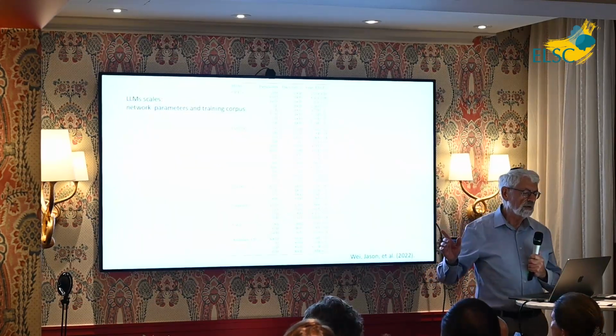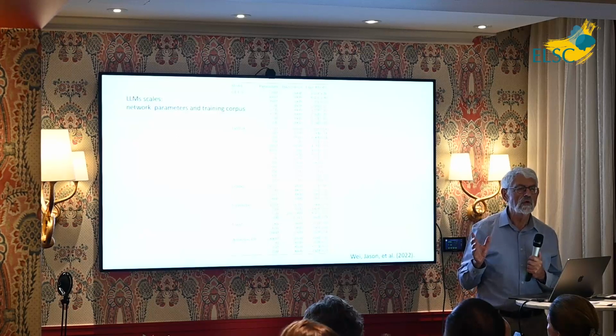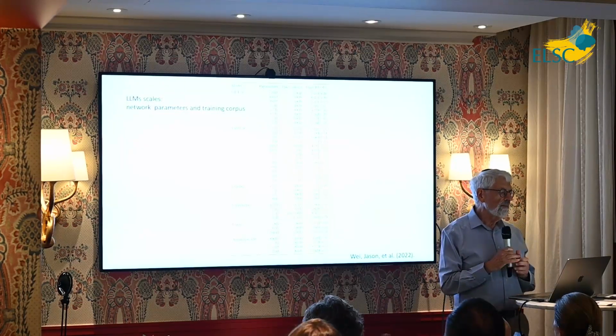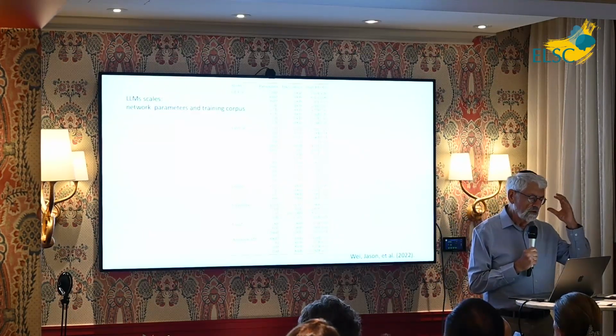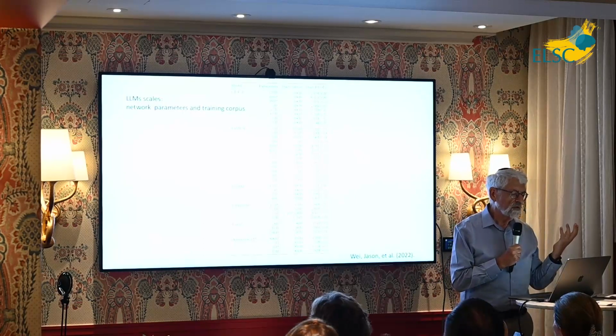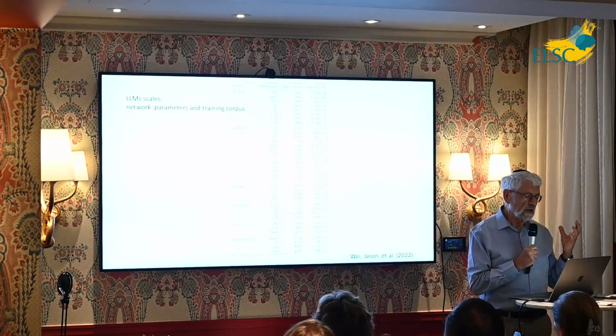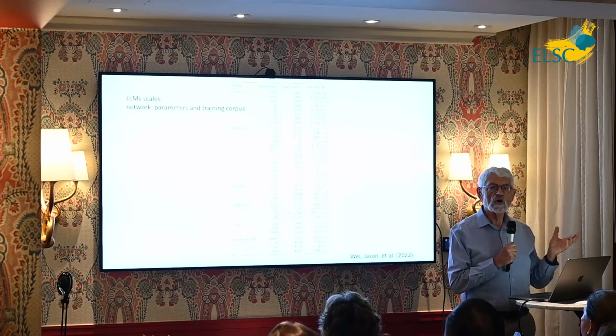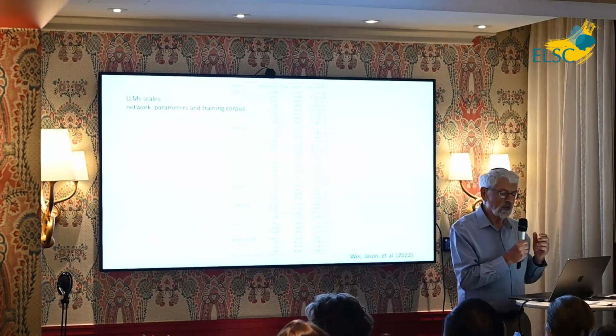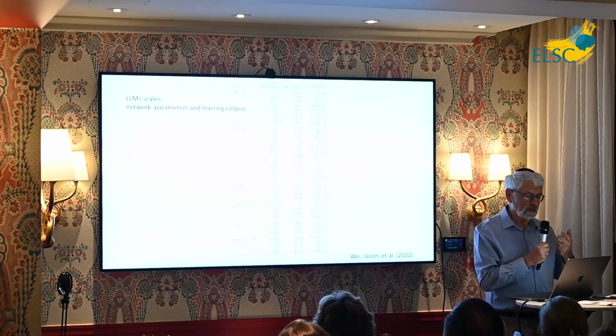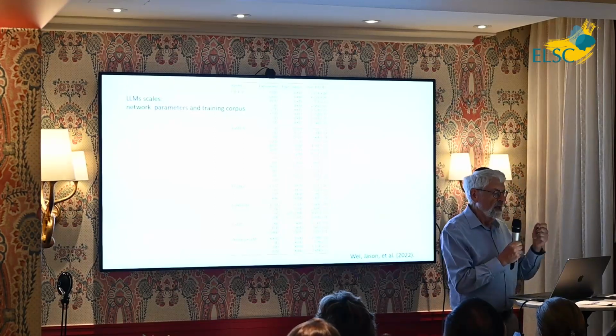So here are some numbers about the scale. When you talk about the scale, there are many parameters to gauge the scale of those algorithms. The main two of them are the network parameters. The networks are artificial neural networks, not the normal physical neural networks, but they have parameters.